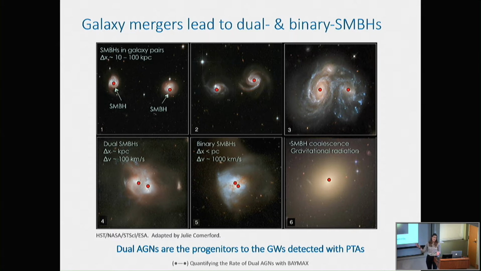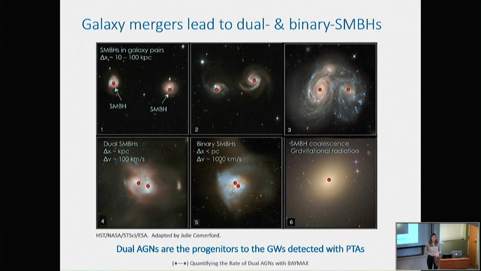You can classify the system as a dual AGN system. So we believe that dual AGN are a result of galaxy mergers, and we know that galaxy mergers are quite ubiquitous in our nearby or visible universe. However, to date, the number of dual AGN that have been confirmed remains relatively small, so around 30 or so.